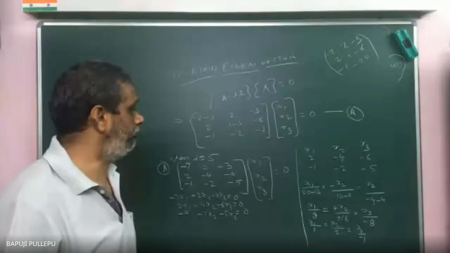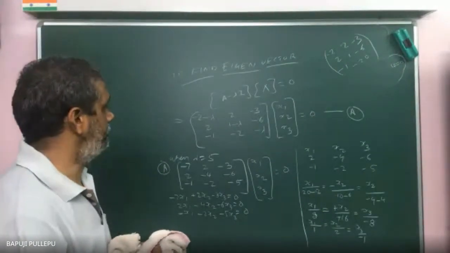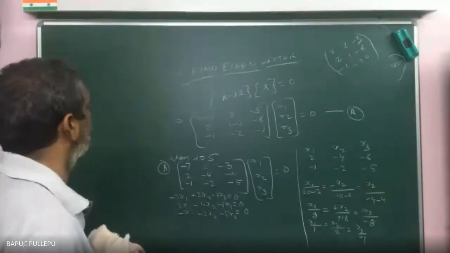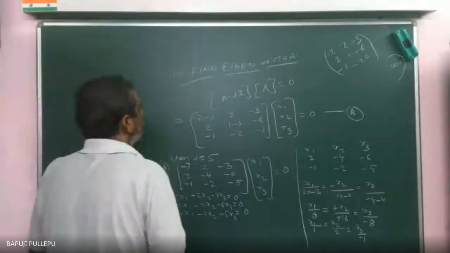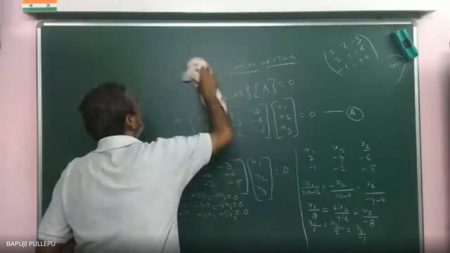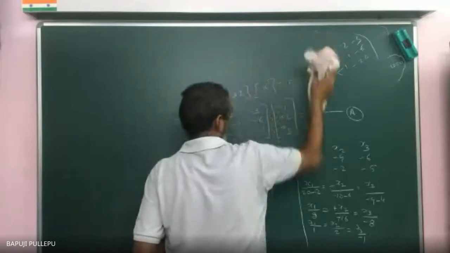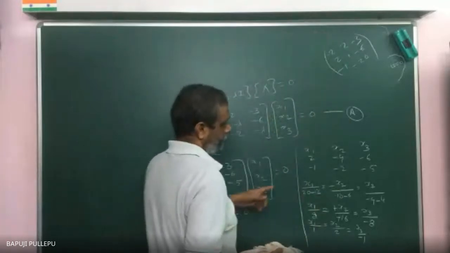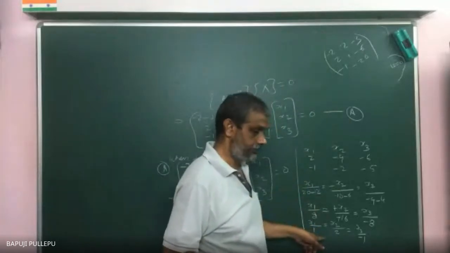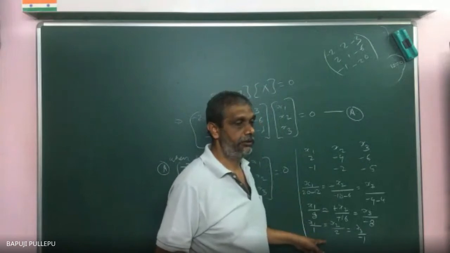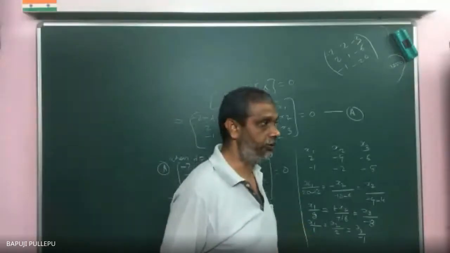When lambda is equal to 5, what are my eigenvalues? Up to here, copy it, sir. Copied all of you? Yes, sir. Copy down, no problem.